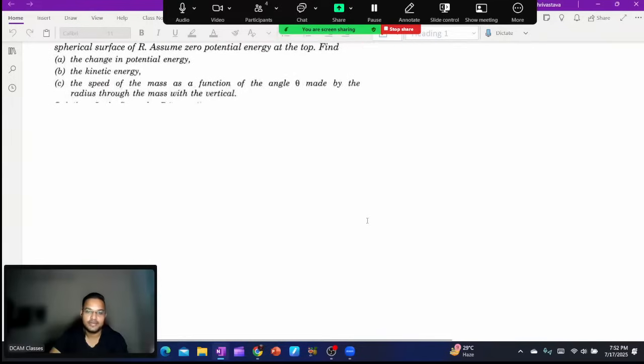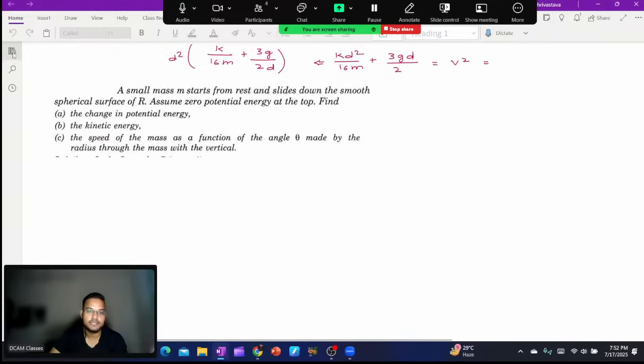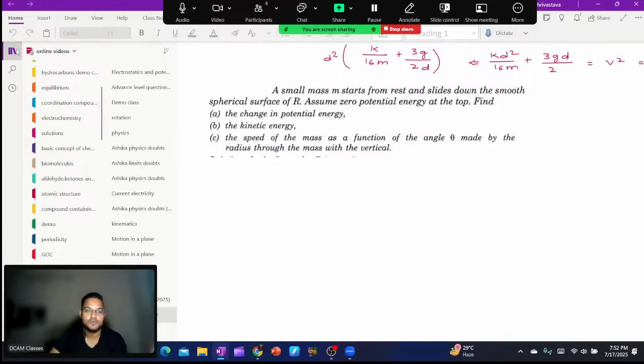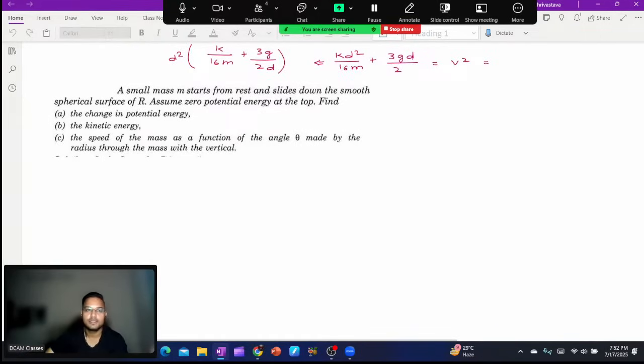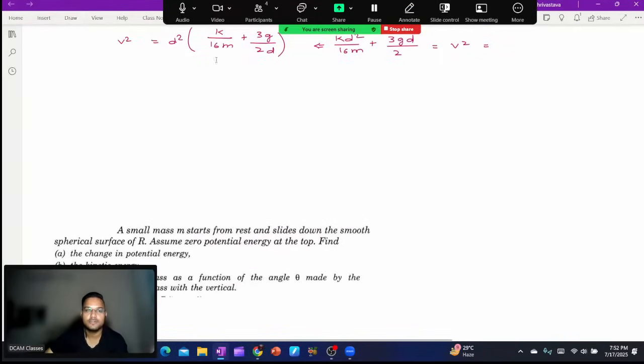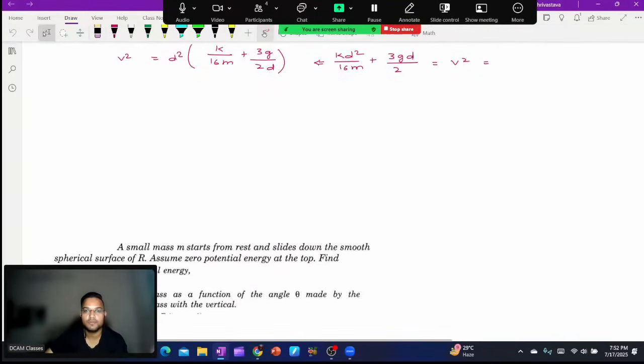It's not difficult, let me tell you. But since it's new to you, you may be feeling somewhat that way. You need to just understand. Once you get the idea of what concept you have to apply, it will become easy. V is equal to d over k by 16m plus 3g by 2d.